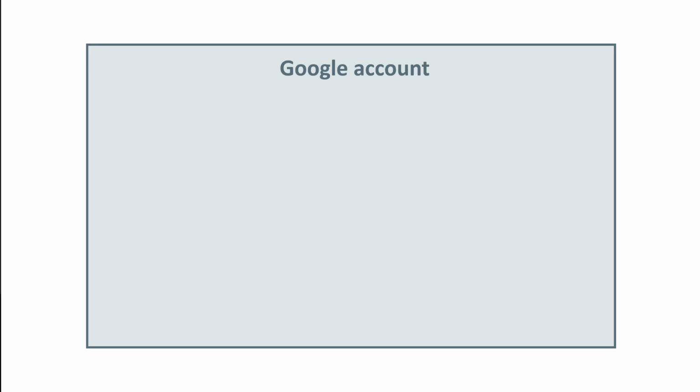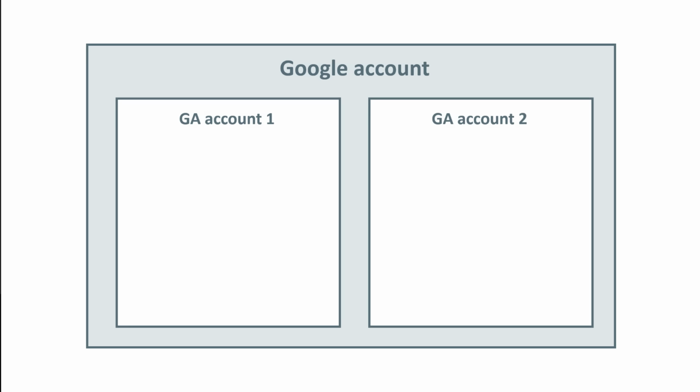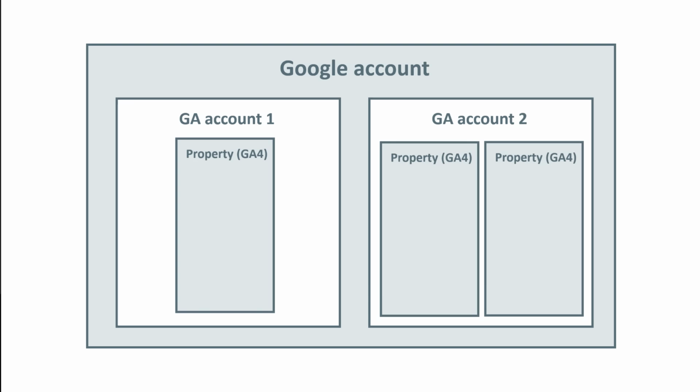Then, when it comes to Google Analytics, each company, as I've said, would have a separate Google Analytics account. Inside an account, you might have one property or you might have multiple properties. Some properties might contain only website data, others might have a combination of those, or some properties might be just for mobile app tracking.